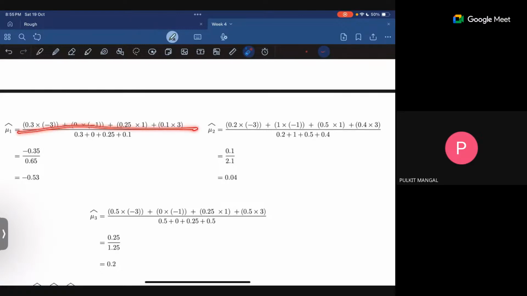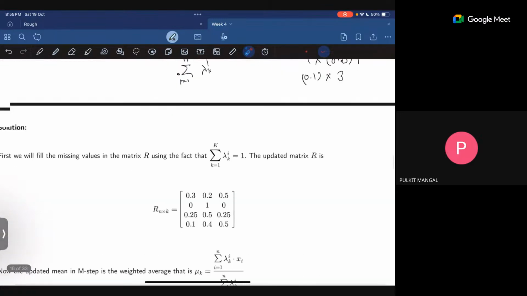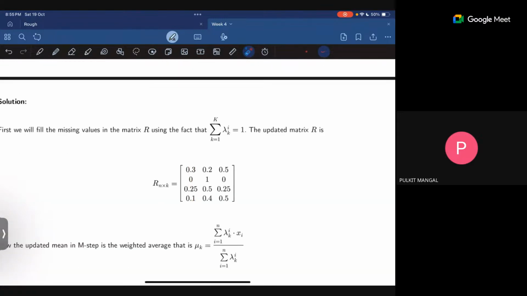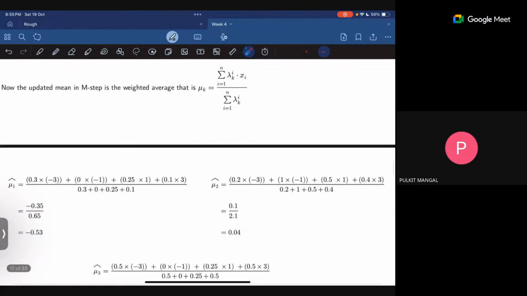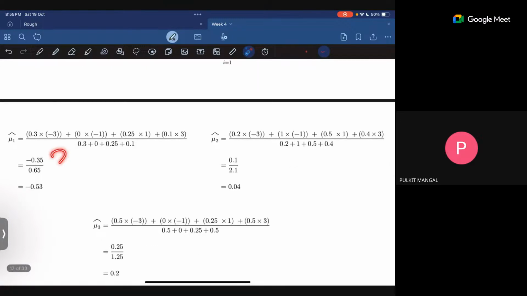So that's the same numerator, and you would divide by the lambda value, that is 0.3 plus 0 plus 0.25 plus 0.1. So you get this updated mean. Is this clear to everyone? How you calculate this updated mean in M step?